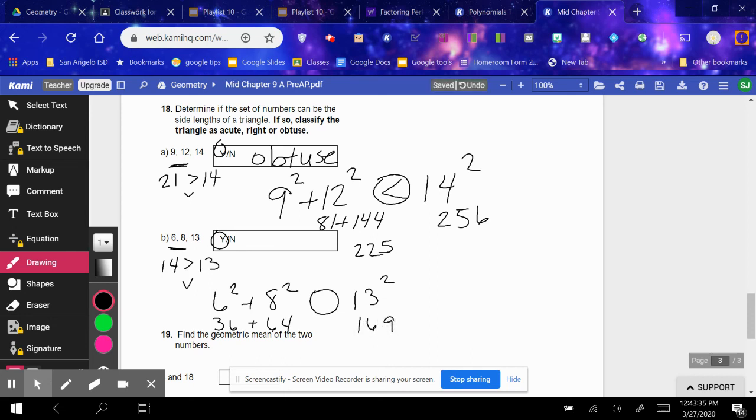We add 36 and 64 to get 100. 100 is less than 169, which means it's also obtuse.